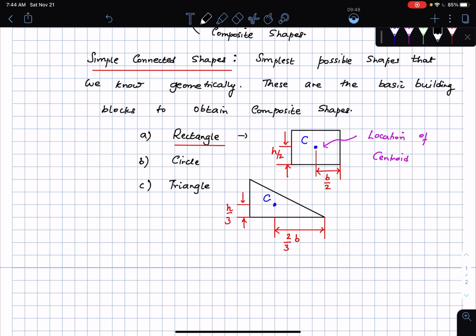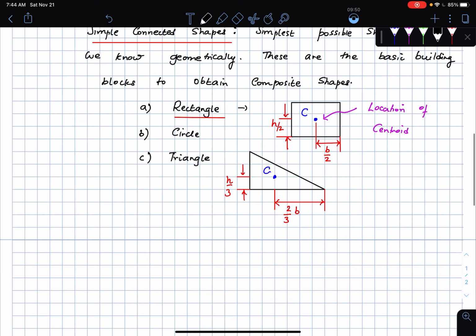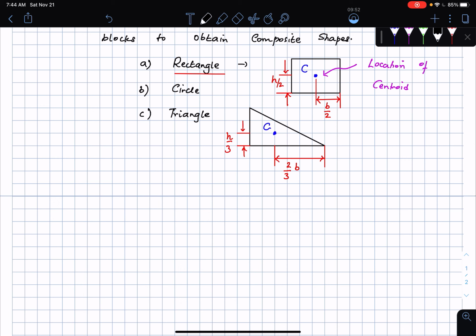So now we come to, and I just want to make a very brief note, that we can obtain centroid locations by integration. For us, the focus is limited to composite shapes, so we will not be doing that. So, brief note: centroid of any shape can be obtained via integration.